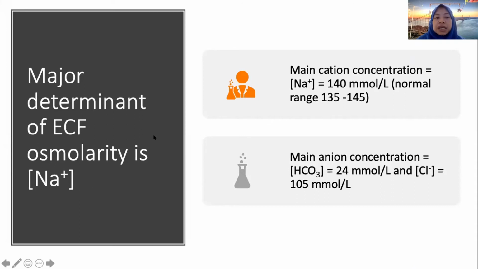Why? Because sodium has the highest concentration among the other electrolytes in the ECF. Of course, you have the other anions as well, but sodium on its own contributes to the highest concentration in the ECF itself.